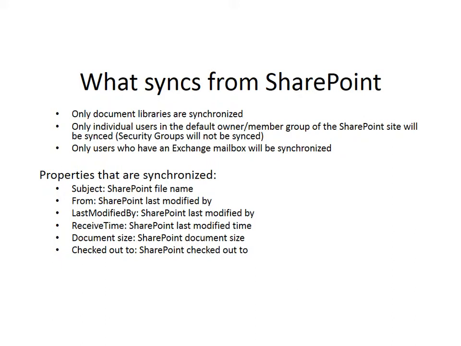Of course, from the document library, if you sync a document, not all the information or the file itself is going to be shown on Outlook. Currently only subject, from, last modified by, receive time, document size, and checkout to values are going to be synchronized on your Outlook.